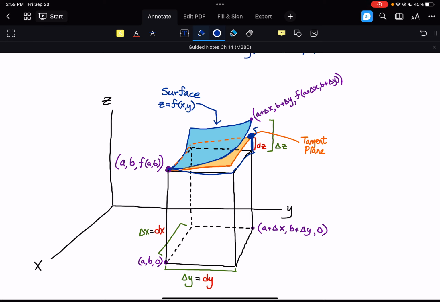Depending on the scale, it might be close enough for us, but that would be a different determination to make. So this is what's going on with the differentials and the linear approximation, the tangent plane, all that stuff. We're using the tangent plane to identify points near our starting point that approximate the actual surface values.